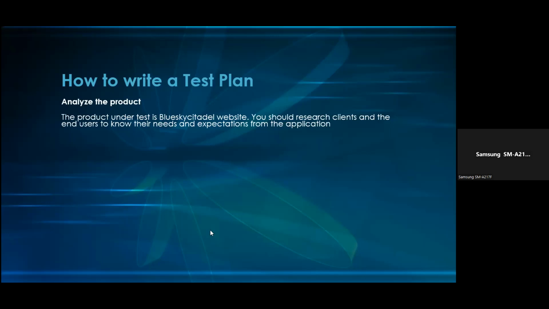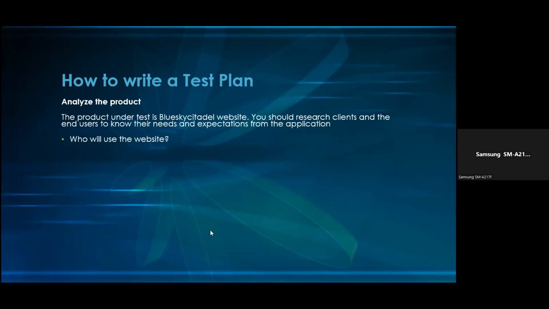Who are the people going to use this application? That takes us to know who will use this website. So for the Blue Sky Citadel website, for this training site, the users are anyone from 18 and above that wants a career change in terms of tech. That is the age range, so we know where we are.